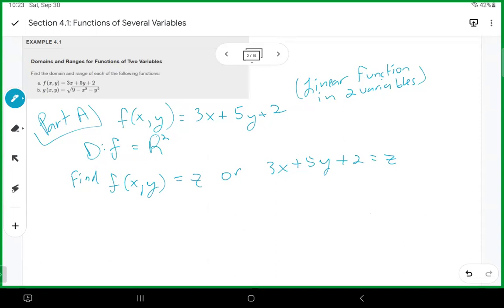One such solution can be obtained by setting y equal to 0, which yields the equation. So if we let y equal to 0, then we would have 3x plus 5 times 0 plus 2 equal to z, which would be 3x equal to z. Oh, plus 2, sorry.